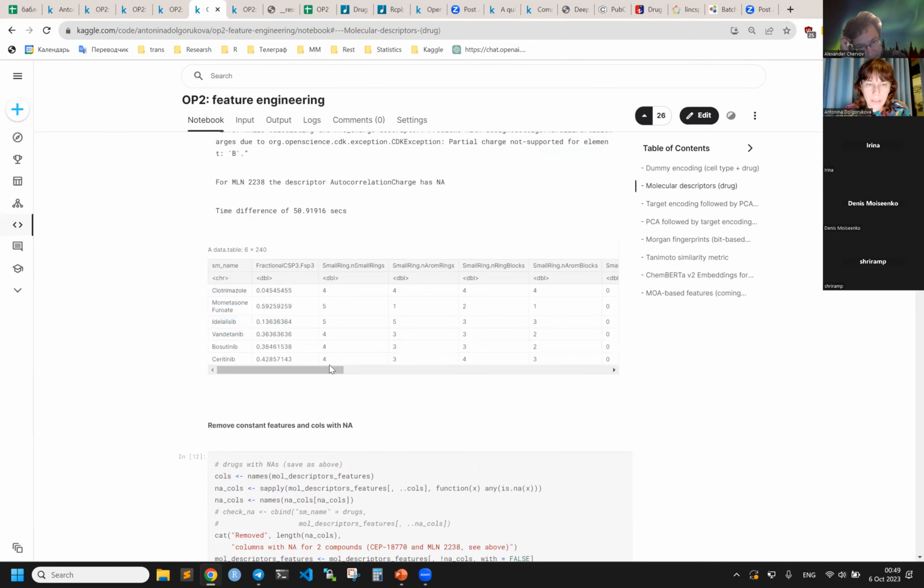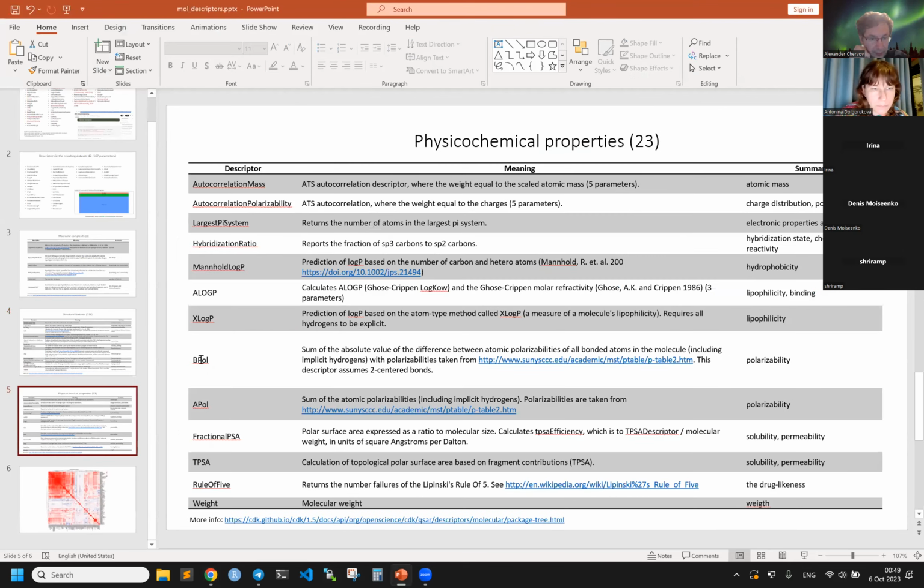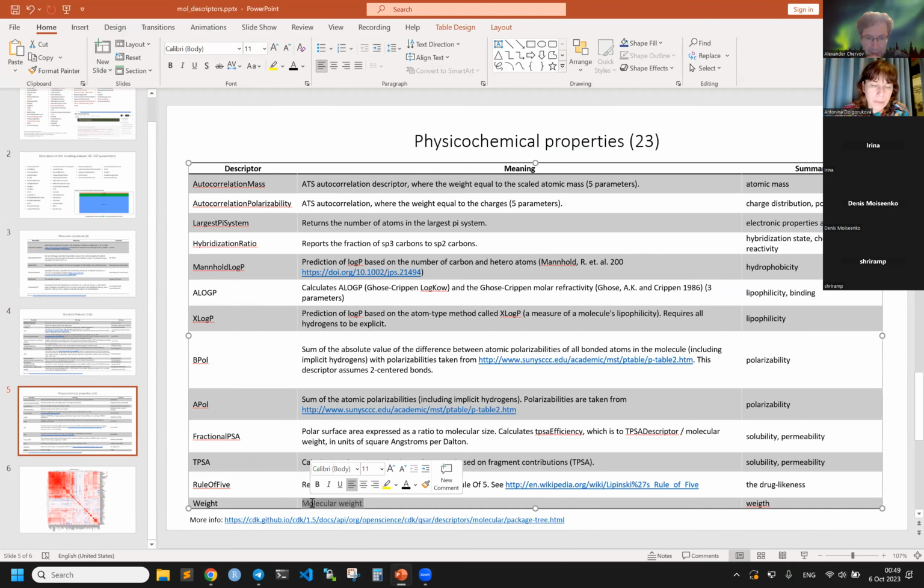For example, molecular weight will be different for each compound, and I don't know how well molecular weight will characterize our compounds about their action on gene expression, maybe not so well.